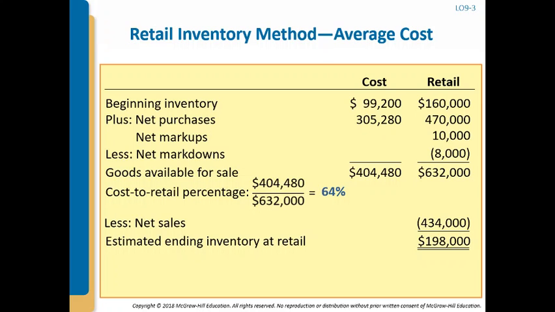In this case, now the cost to retail percentage is 64%, and again, like we saw, net sales is 434,000, so the estimated ending inventory at retail is 198,000. And you're simply going to take that amount, 198,000, and multiply it times 64% to come up with estimated ending inventory at cost.